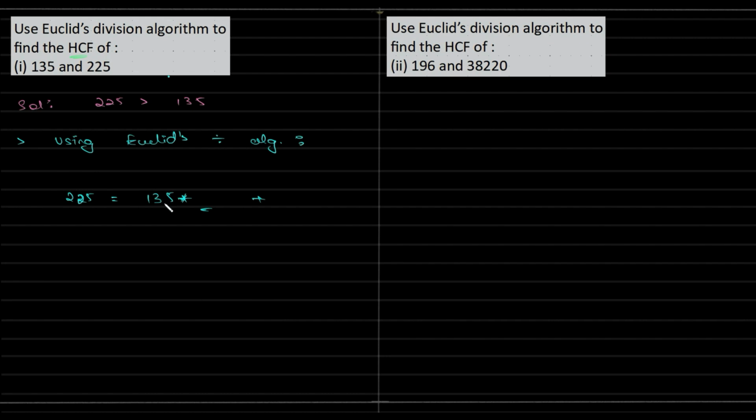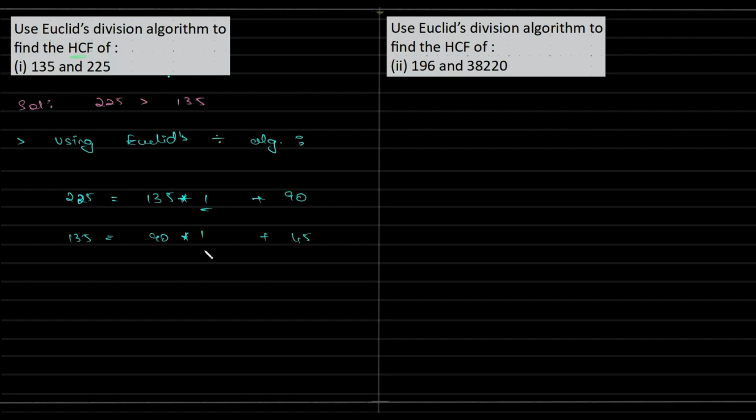So it's clear that we can't go with 2. The tendency of going with 2 is high because we see a 2 and 1 over here. But we have 25 and 35. So obviously we can't go with 2, we have to go with 1. And subtraction will be 90, right? And then 135 is equal to 90 into so on and so forth. So this will be 90 into clearly 1 again.